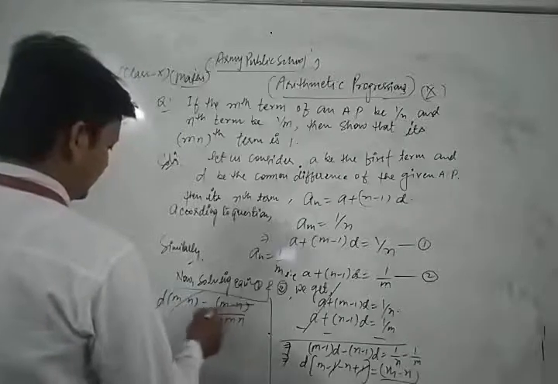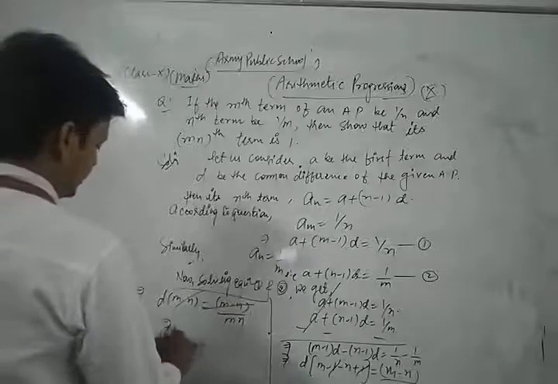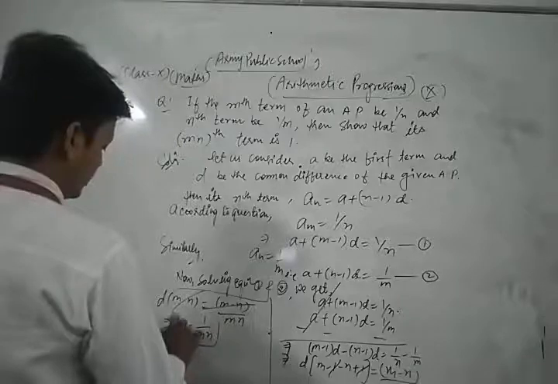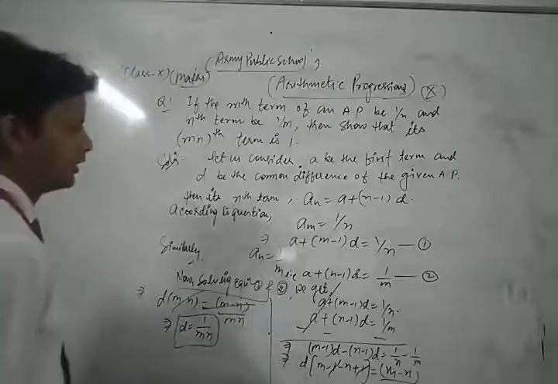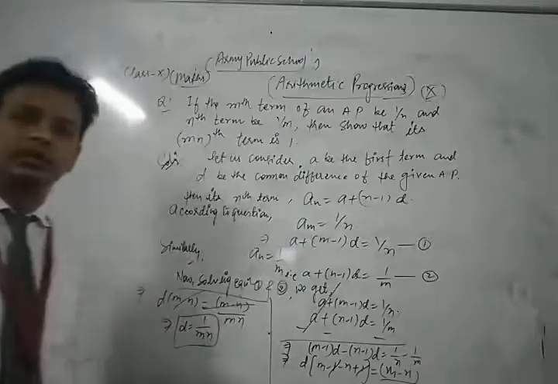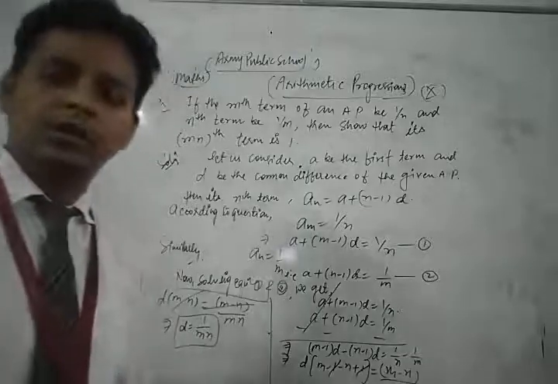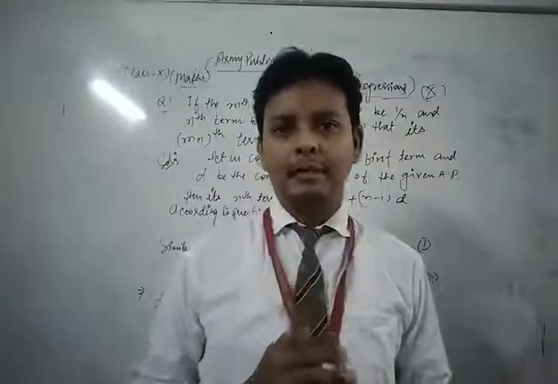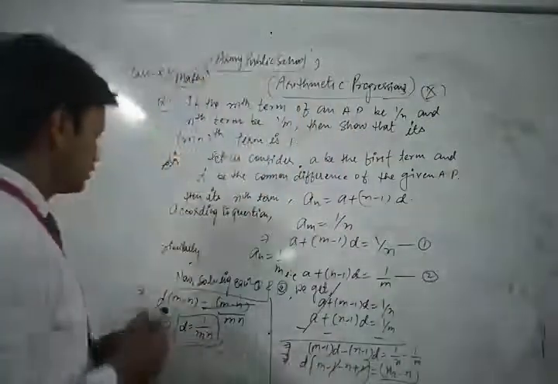Now m minus n cancels out, so we get d is equal to 1 upon mn. Thus, in this way, the value of d is 1 upon mn.